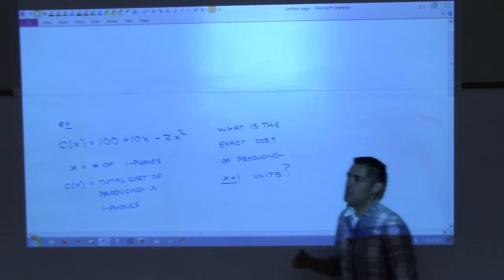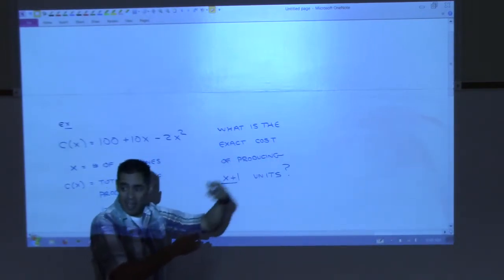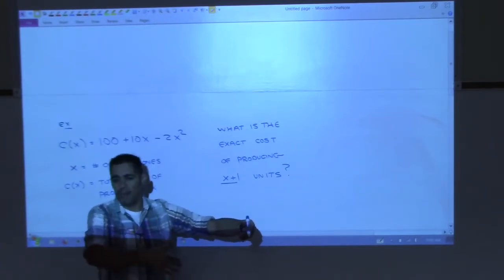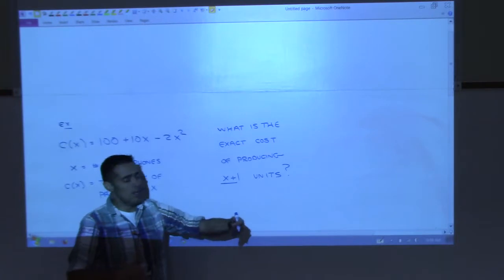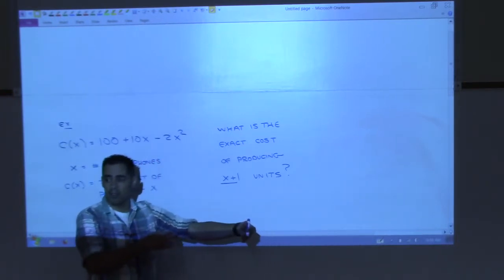So think about this. We wanted to know the cost of producing the 8th item, and to do that, we had to do the cost of the 8th item minus the cost of the 7th item. So if I want to know the cost of the X plus 1 item, what am I going to need to do?